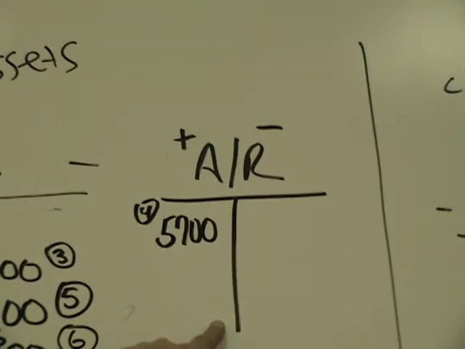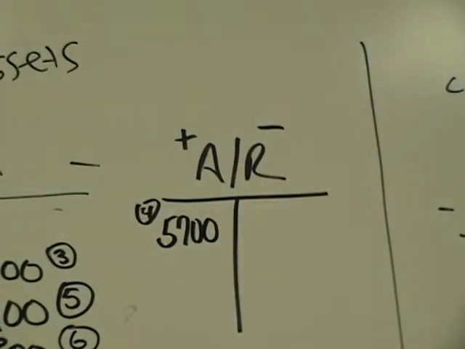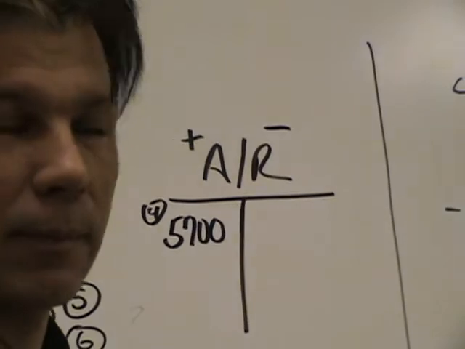Smaller. Let her answer, make sure she knows. It gets bigger. Okay, so you're saying you owe me $5,700. You pay me how much money? 4,200. You give me $4,200. You're saying now you owe me more than 5,700? No. Less or more than 5,700? Less. So is that account going to get bigger or smaller? Smaller. Debit or credit? Credit.